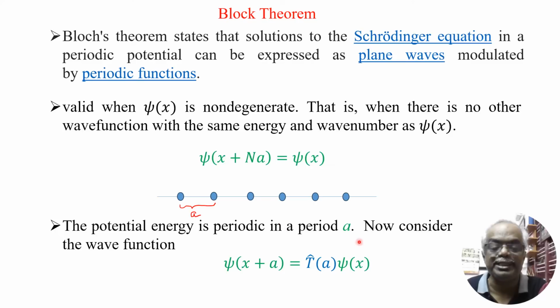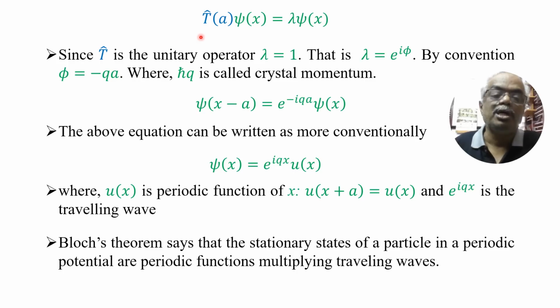That is very important. Now consider the wave function psi, which is a function of x plus A. You will get the same by using the translational operator T. When T acts on psi of x, you will get psi of x plus A. We will go into detail further. When the translational operator acts on the wave function psi of x, we will get the eigenvalue lambda multiplied by the wave function psi of x.